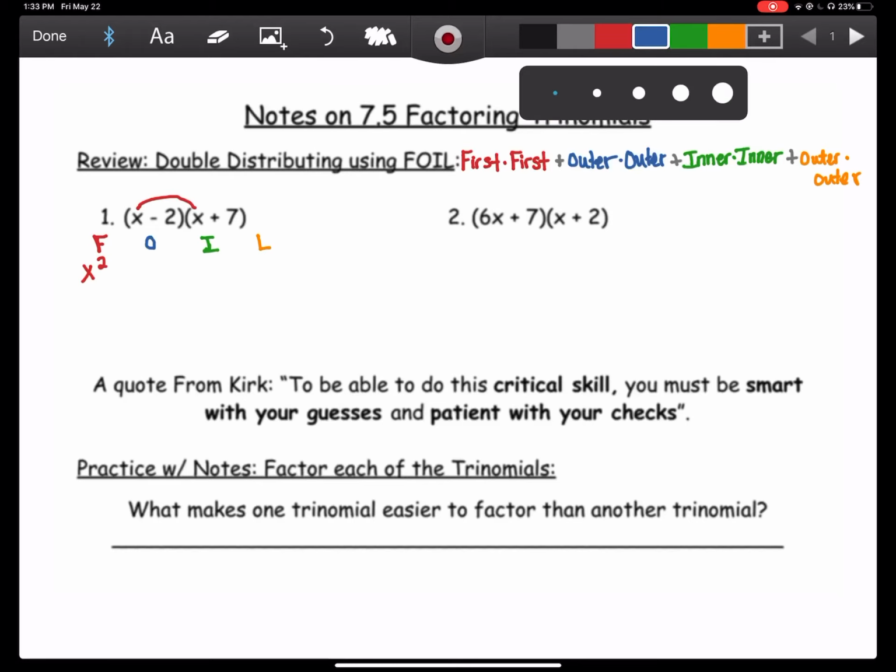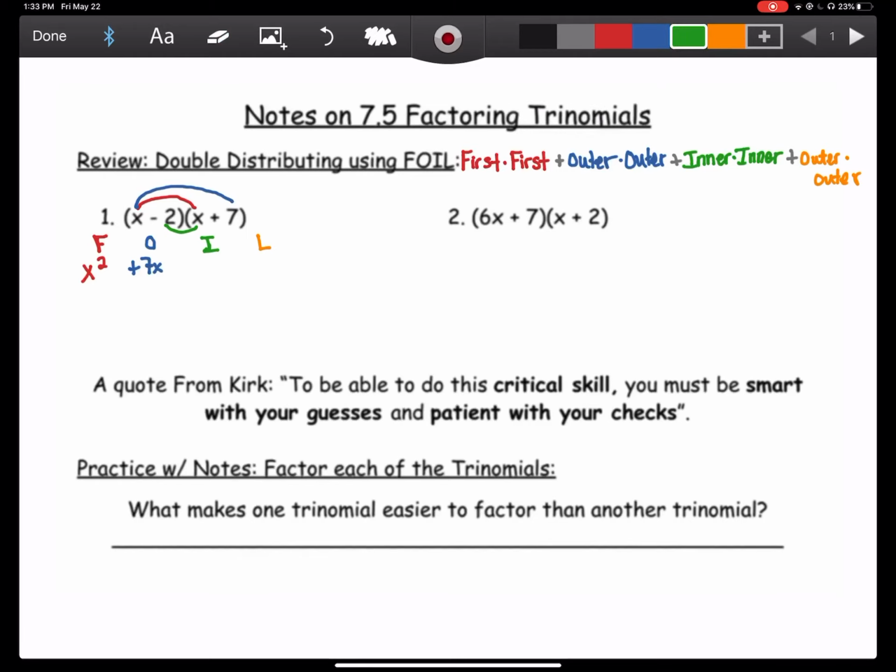Then we do outer times outer, that refers to the outer 2 terms, so that gives us positive 7x. Then we move on to the inner times inner, and that gives us negative 2x. And then last times last, which gives us negative 14.